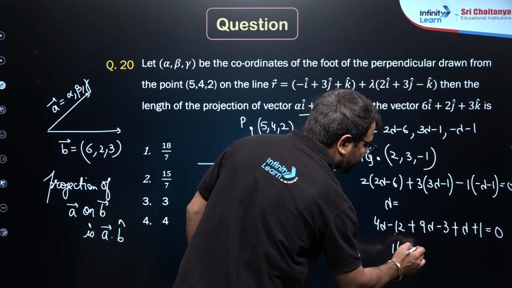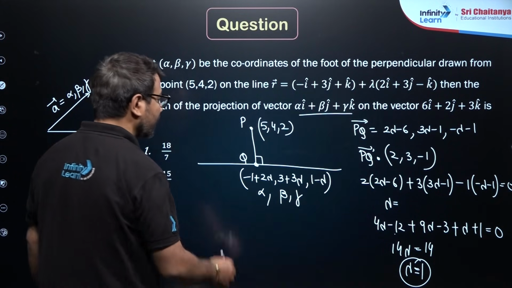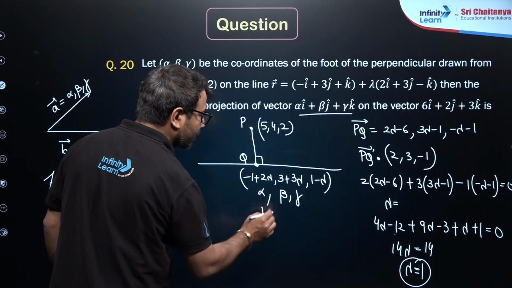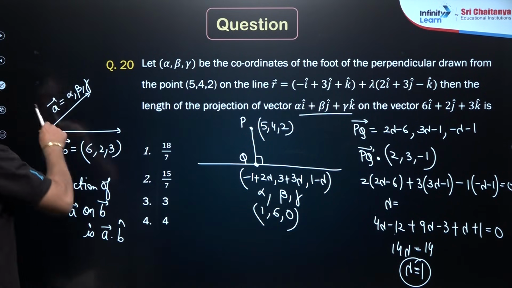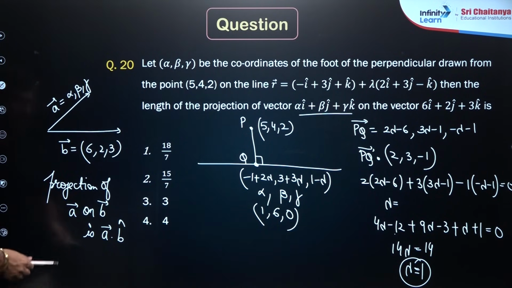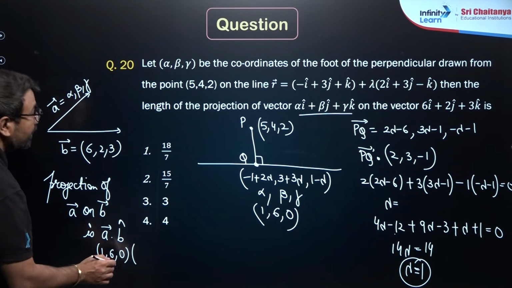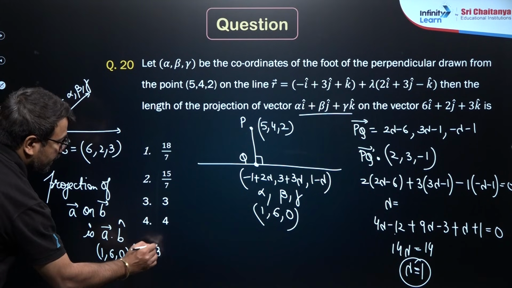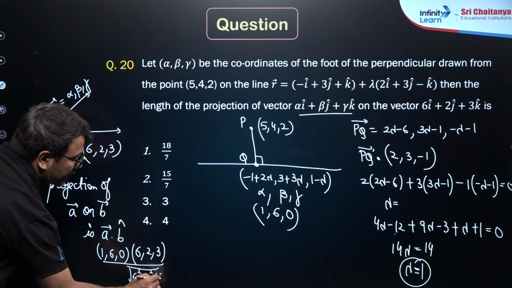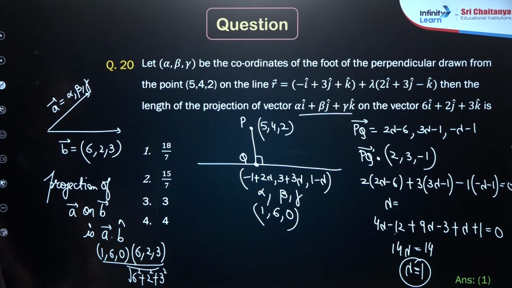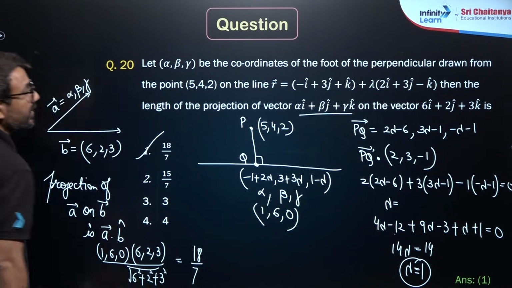Minus 15 plus 1, 14 will come. Lambda value is 1. Once we got lambda value 1, I'll have alpha value 1, beta value 6, gamma value 0. And this (1 6 0) taken dot with B, (6 2 3), and then divided by square root of 6 square, 2 square, 3 square. In this way you will be able to find the answer. So if you simplify this, you will be able to get 18 by 7. 18 by 7 is the answer to this question.